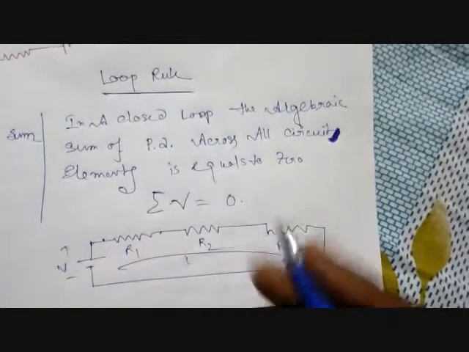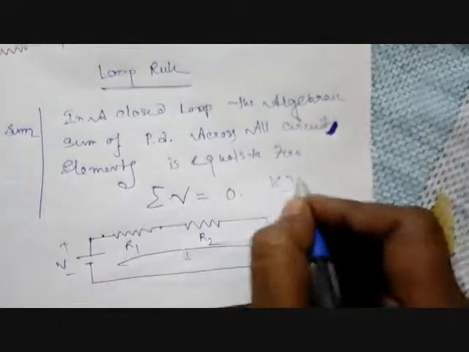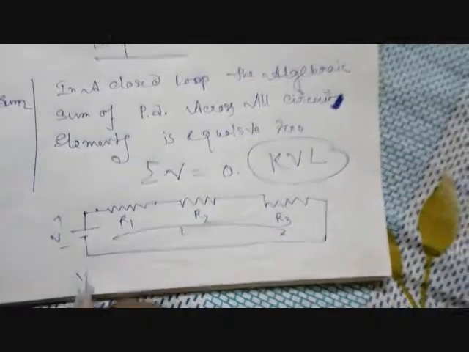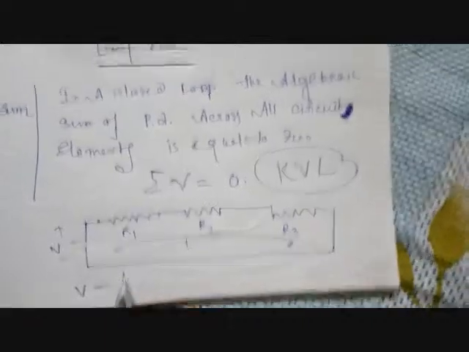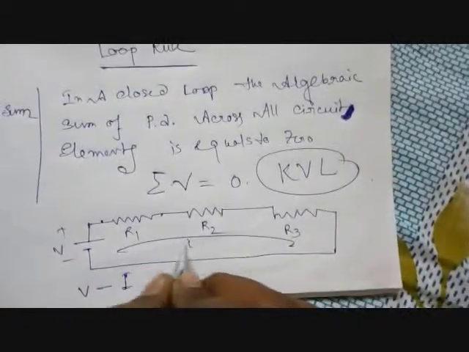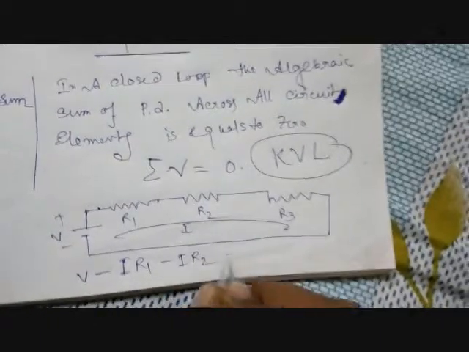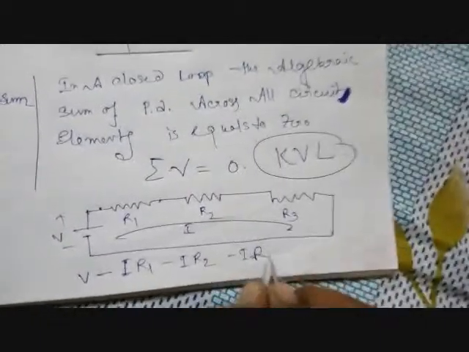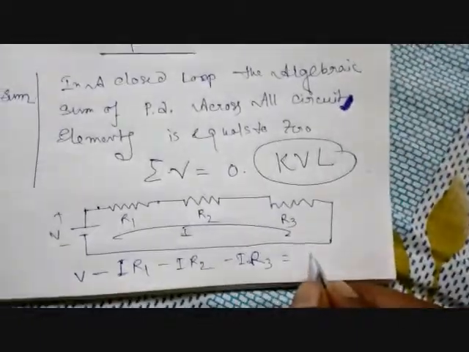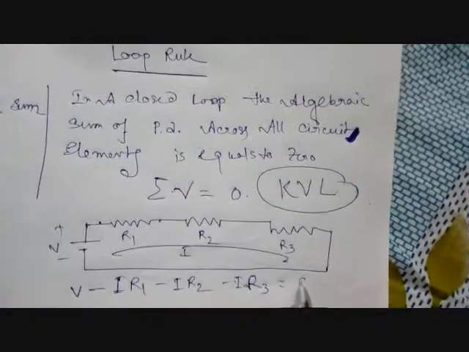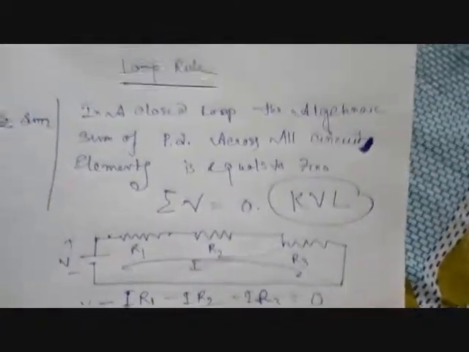So finally, according to Kirchhoff's voltage law, or KVL, V minus IR1 minus IR2 minus IR3 equals 0. So these are the two rules.